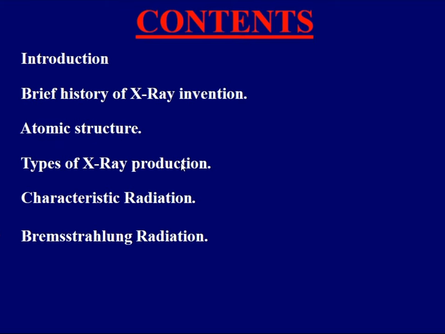Basically there are two ways. One is characteristic radiation, the characteristic X-ray radiation. How these characteristic X-ray radiations are produced, we are going to discuss in this section. And secondly, we are going to discuss the Bremsstrahlung X-ray radiation, which is the result of Bremsstrahlung scattering. So these are the contents we are going to discuss in this video.